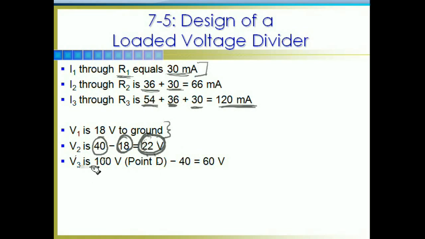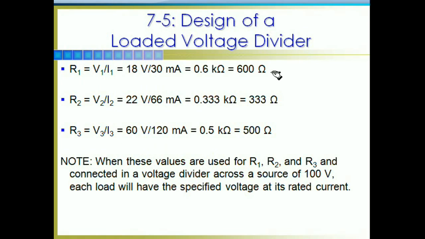And finally, V3 was 100 volts at point D. Well, 100 volts minus the 40 volts being dropped between R1 and R2 left us 60 volts for R3. Which, as you saw, gave us our totals, which once again, we already did that math. And that's Chapter 7 in a nutshell right there.